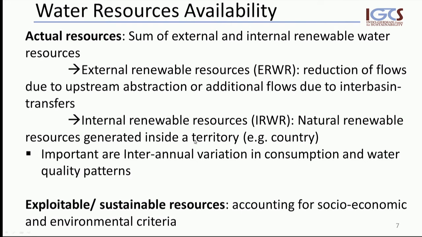Now, in addition to these actual resources, we then have to differentiate still the so-called exploitable, or nowadays more often used, the term sustainable water resources. And in those we have to account for the socioeconomic and environmental bounding conditions of a region.